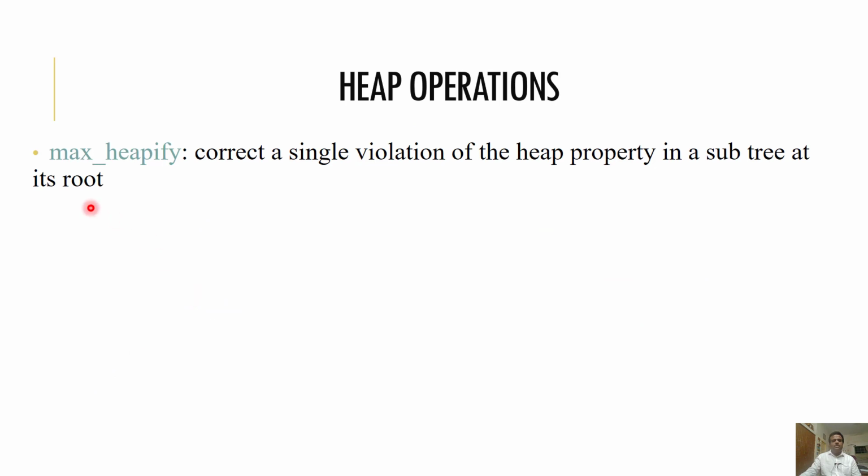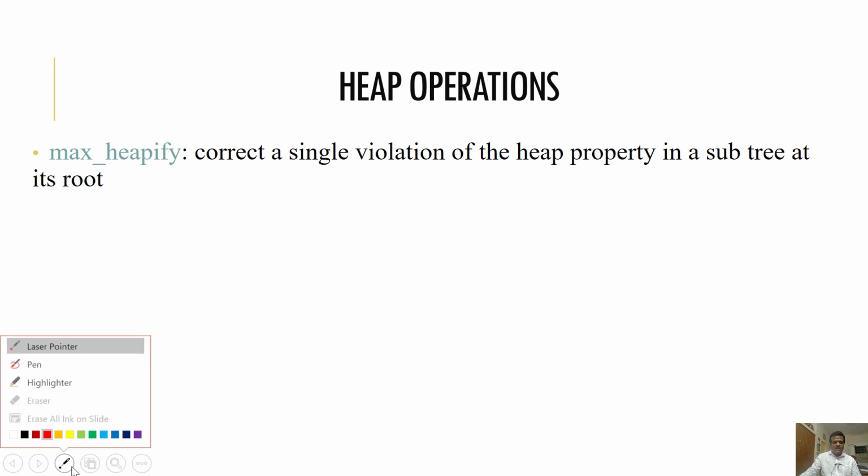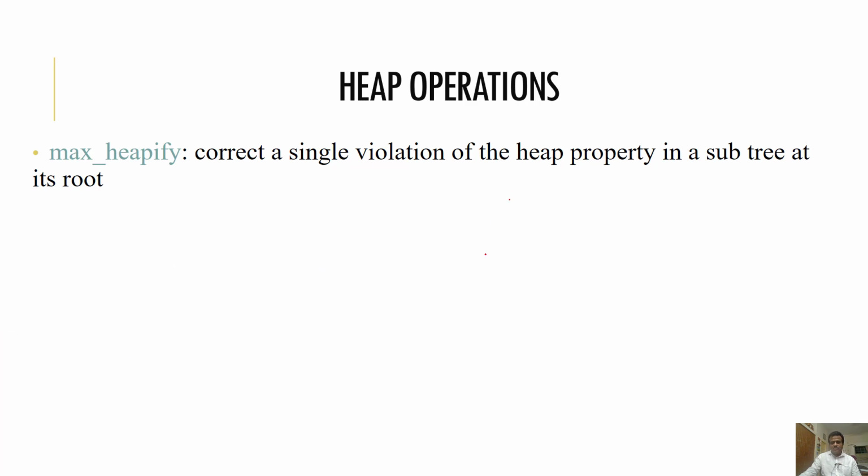So the first heap operation we will discuss is max heapify. In max heapify, we correct a violation of the heap property in a subtree at its root. So we want to correct a violation at some level i. We are given a tree, the max heap array.